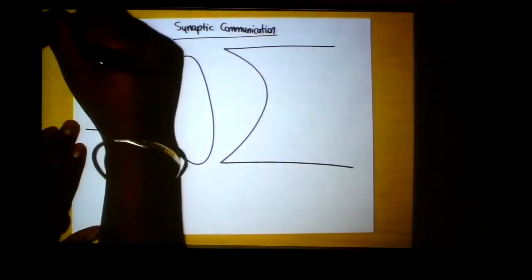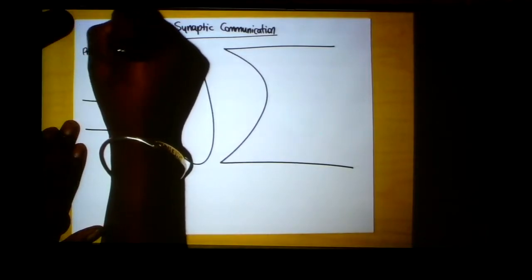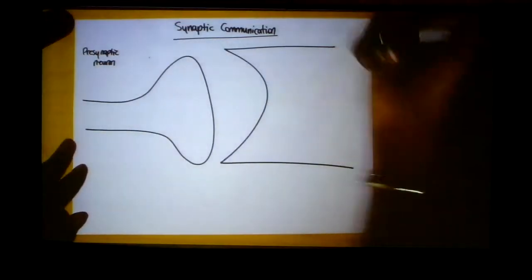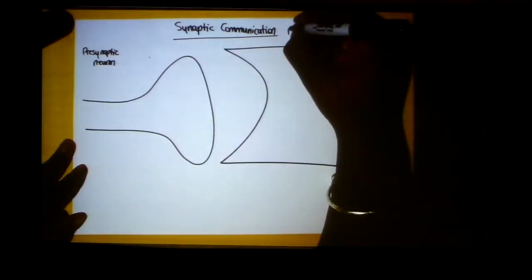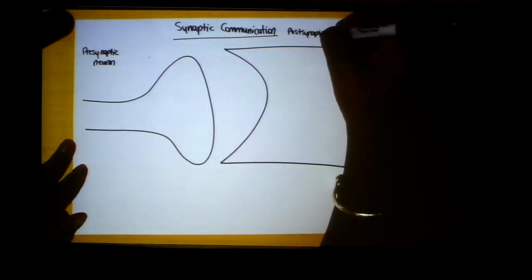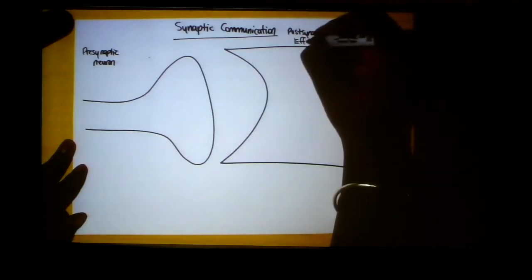So this is a presynaptic neuron. And this is a postsynaptic neuron, or an effector cell, okay?